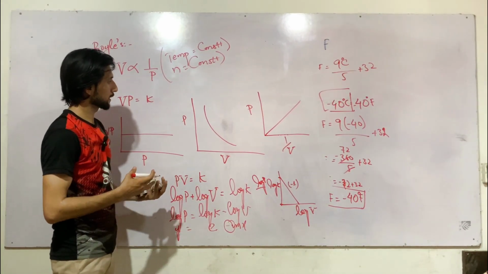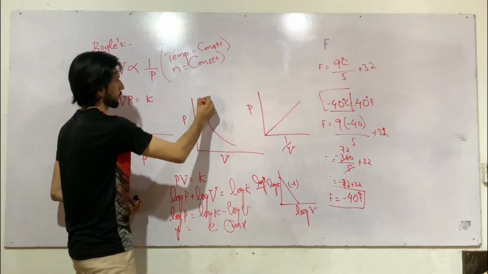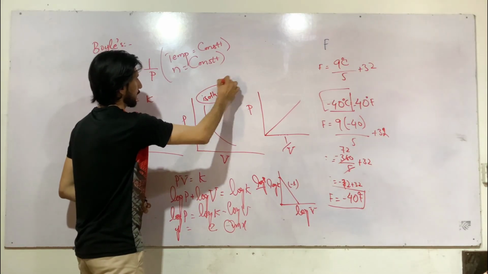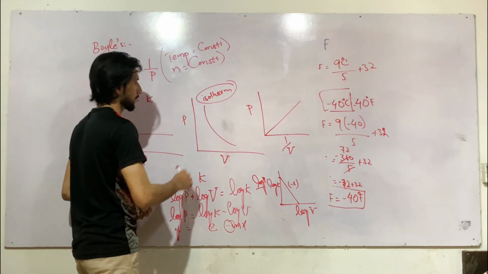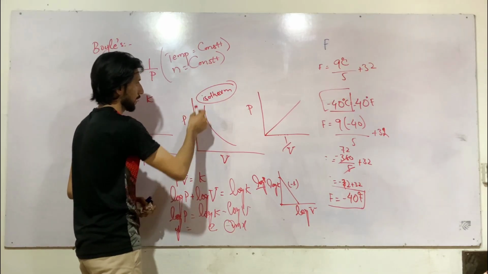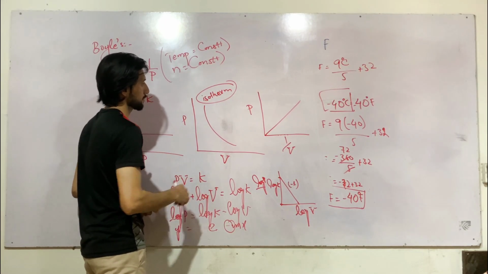Now this line, I call this an isotherm. Why do I call this isotherm? Because I have taken the reading at constant temperature, and iso means same and therm means temperature. All these readings were taken at the same temperature.